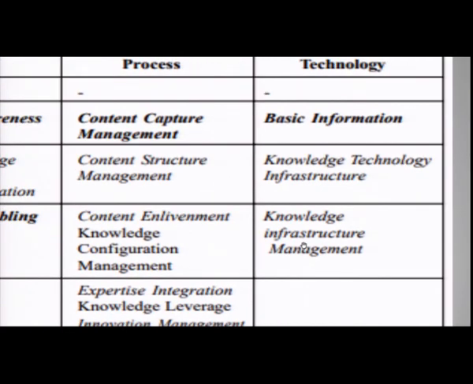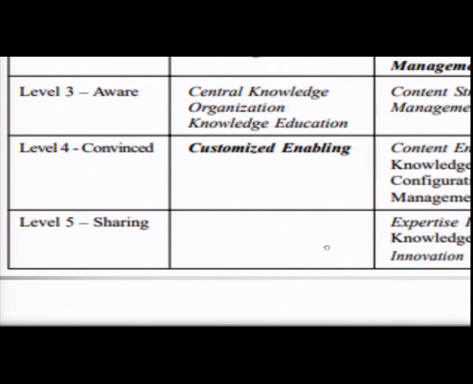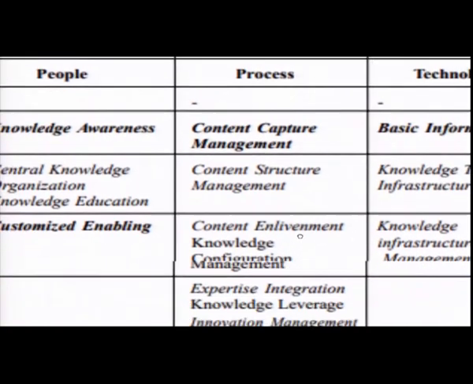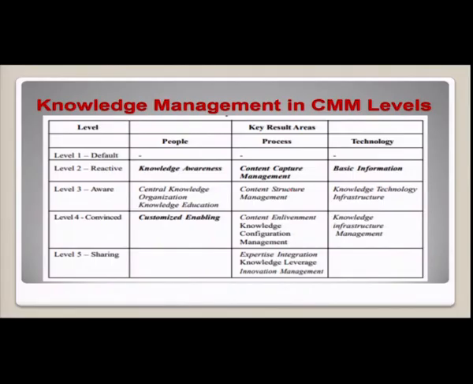As far as technology is concerned, we have knowledge infrastructure management. And as far as level 5, sharing, is concerned, with respect to process we have expertise, integration, knowledge leverage and innovation management. So, these are the CMM levels in companies and organizations wherein knowledge management has been used.